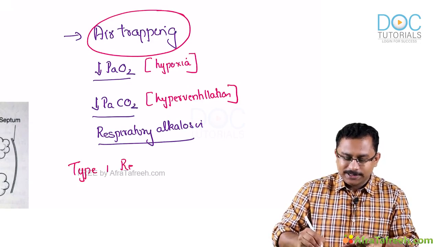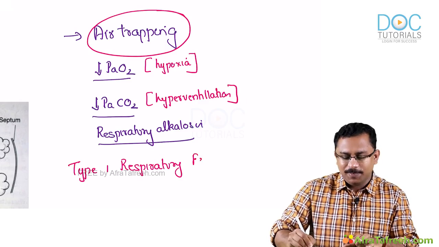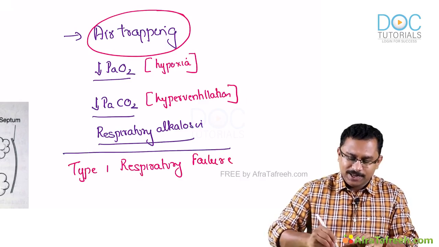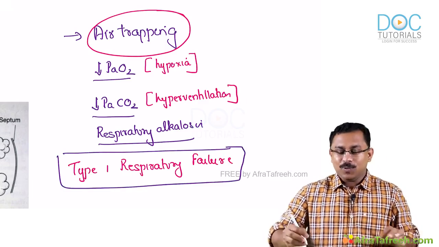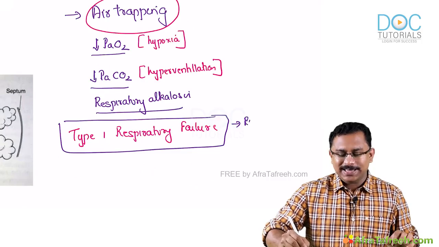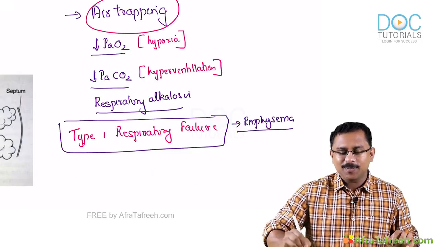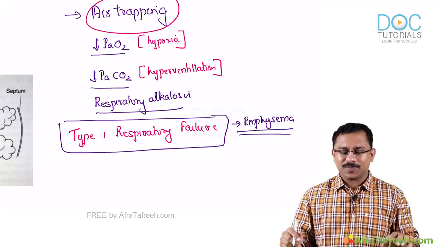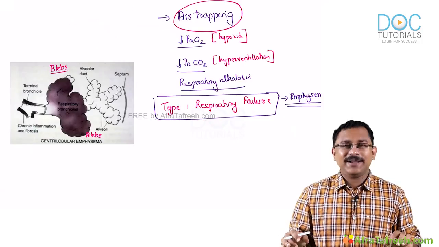Now this is very, very important, because your emphysema results in type 1 respiratory failure. Now what about chronic bronchitis? We will see that shortly, but always keep this in mind. Emphysema is going to be a type 1 respiratory failure. Very clear. So this is what happens in emphysema.